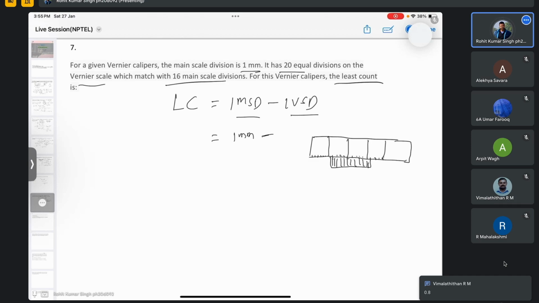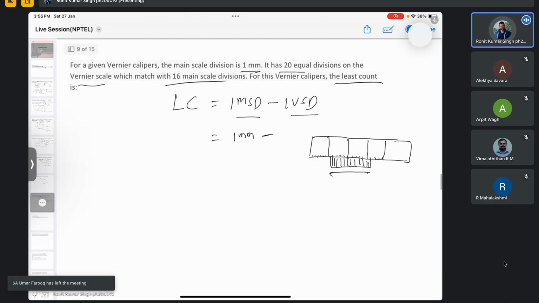What the question says is these 20 divisions match with 16 main scale divisions. So that means 20 vernier scale divisions are equal to 16 main scale divisions. This is what is given, right?